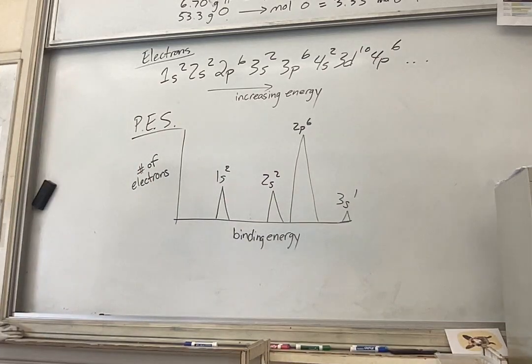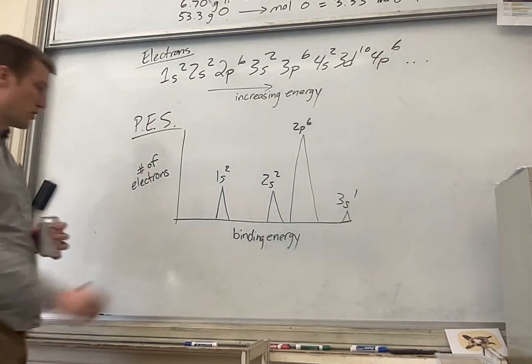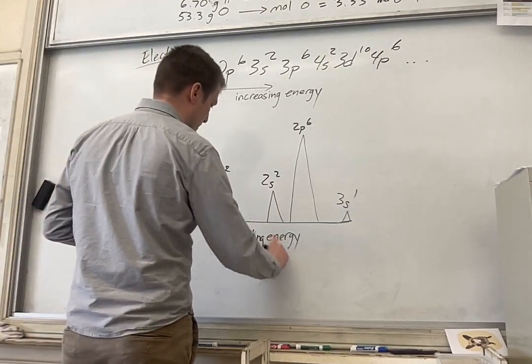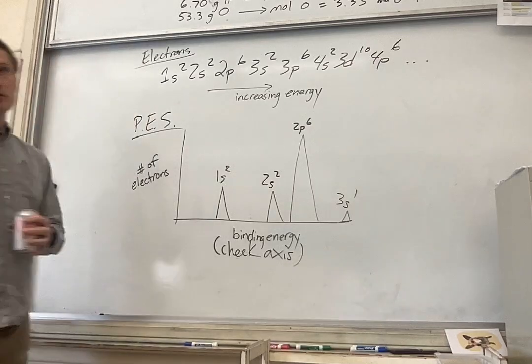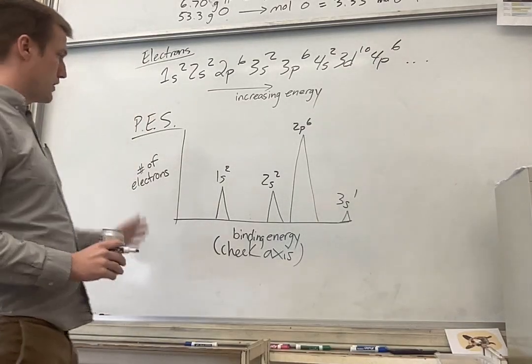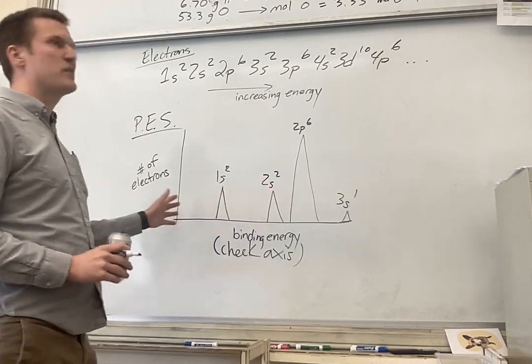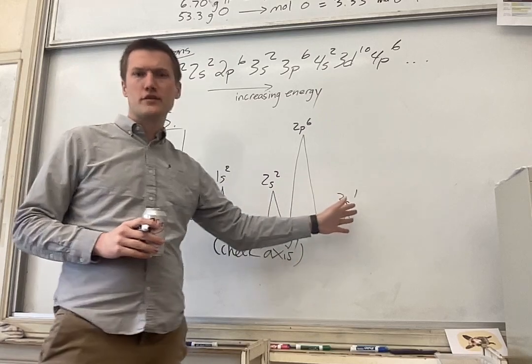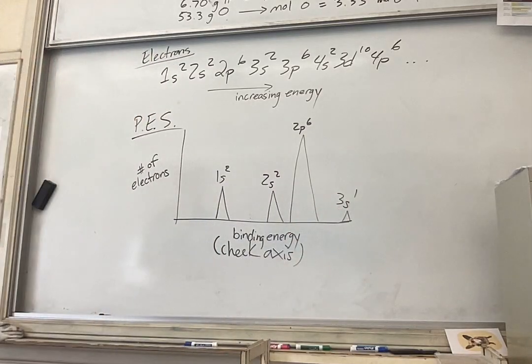So check this axis. I'm going to speculate that it would be the wavelength of light bombarding it. Higher wavelengths are actually lower energies, so that's why it would be inverted. Is it sodium?